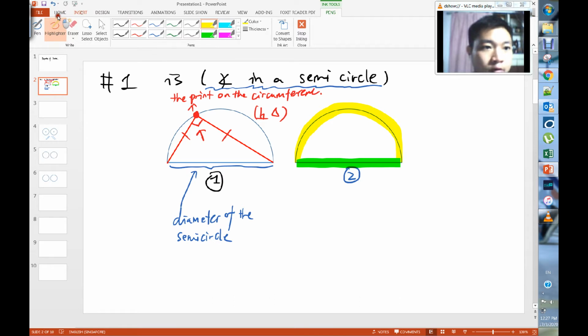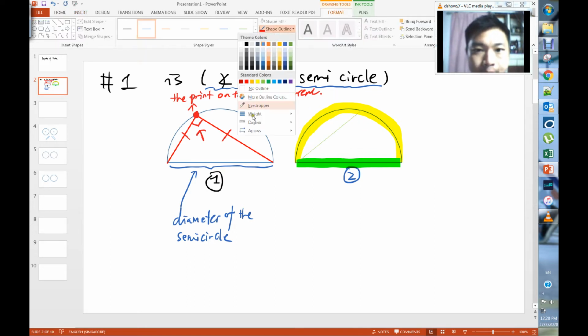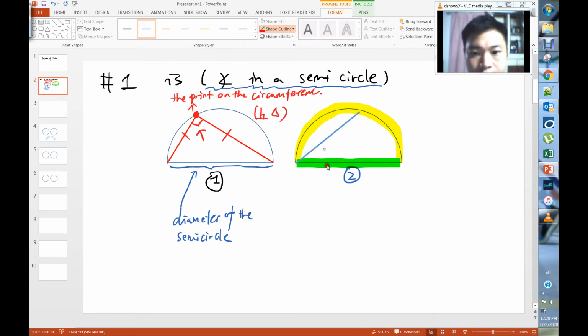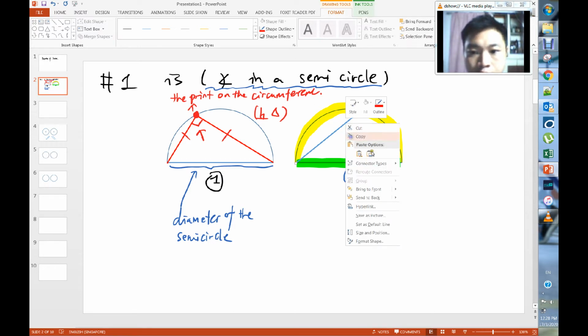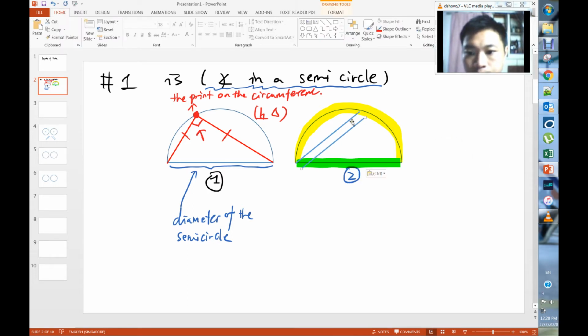Right now, if I want to form a triangle inside the semicircle, let me change the thickness of this first.